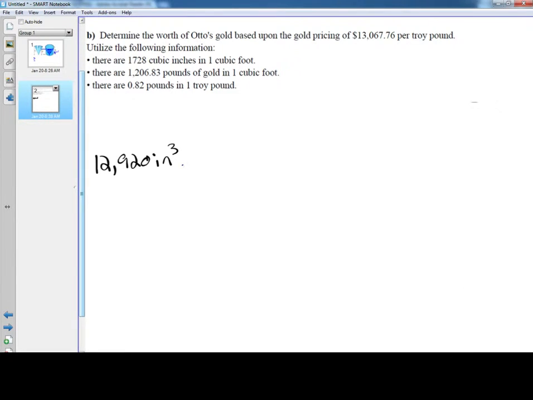So I'm going to have to multiply this by something to convert it. Now at the very beginning it says there are 1,728 cubic inches in 1 cubic foot. So these are cubic inches, correct? So I want to get rid of cubic inches, which is 1,728 in 1 cubic foot. Okay? So you just divide by 1,728.